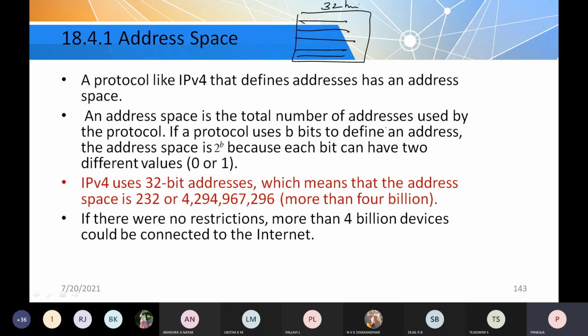The address space is the total number of addresses used by the protocol. If a protocol uses B bits to define an address, the address space is 2 power B, because each bit can have two different values. So the possible addresses are represented with 2 power B.